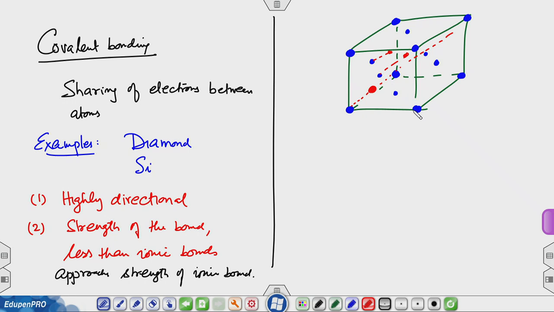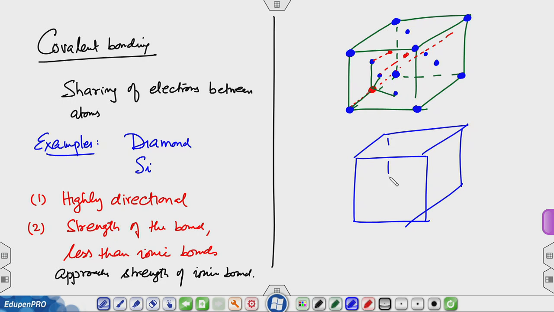and as I said in zinc blende structure, this red atom is going to have the nearest neighbors, which are 4, and actually where it is sitting is, if you look at it carefully, the red atom sits at the center of a cube.